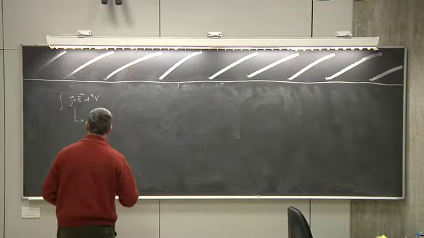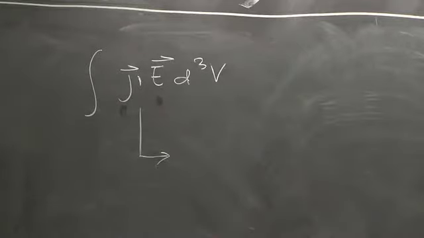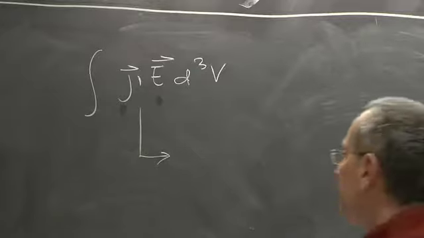So let's see that. First I want to get rid of this J, because I want to assume that all the J's that I have around are produced by electric or magnetic fields, because I only want to study the magnetic and the electric field.